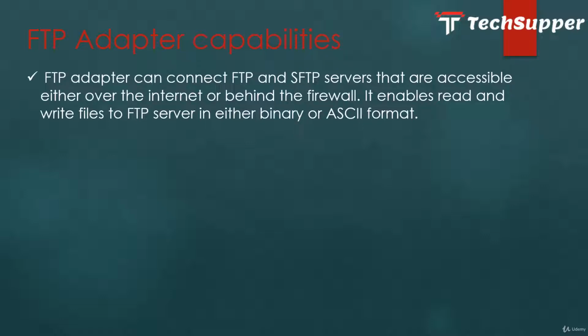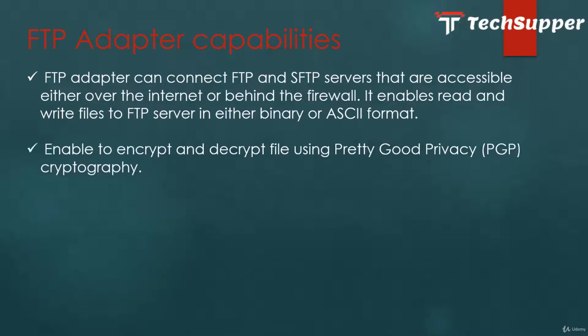But if your FTP server is behind the firewall, you have to install a connectivity agent, or the on-premise agent, in the same data center where your FTP server resides. It enables reading and writing files to the FTP server in either binary or ASCII format.